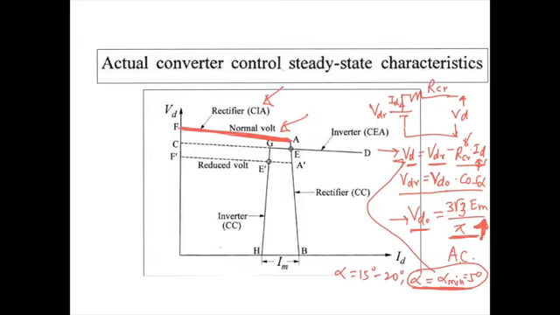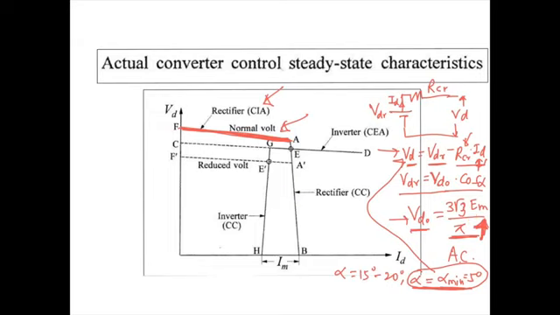So for example, if this voltage has reduced to a certain value such that this particular characteristic, for the normal value of the voltage which is plotted here, will fall below, then F dash A dash is the new characteristic of rectifier for constant alpha, but with a reduced value of EM or AC side voltage.